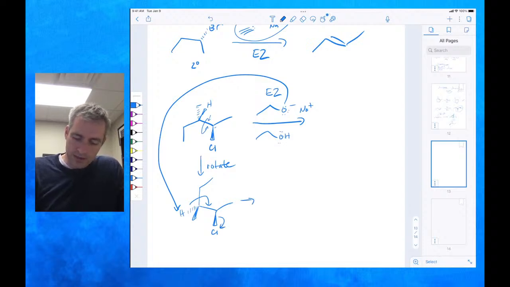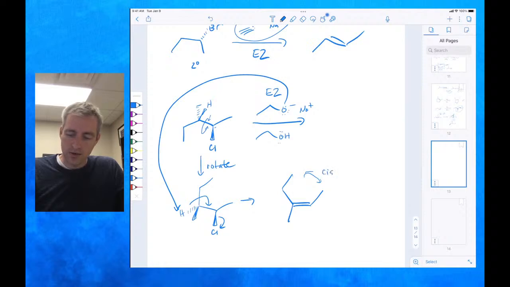And that will give us, as our product, this ethyl and that methyl are going to be cis to each other, or I guess Z to each other.